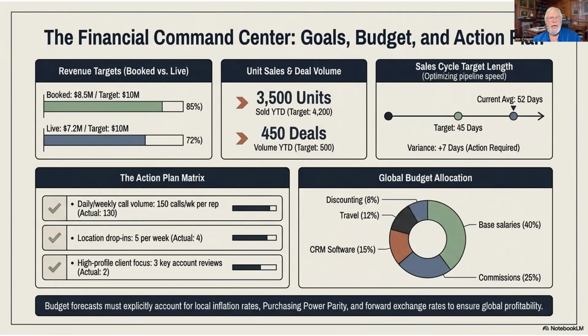A stretch goal is out there for salespeople and marketing people, and for the company, to strive, to strain and reach, and do the best they can. And if they don't reach or exceed the goal but come close, that is the perfect goal. So as a leader, you may want to keep that in mind and consider that.